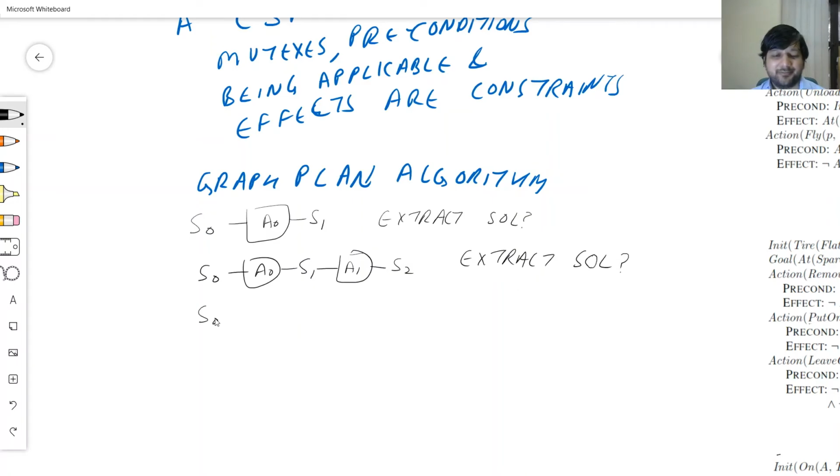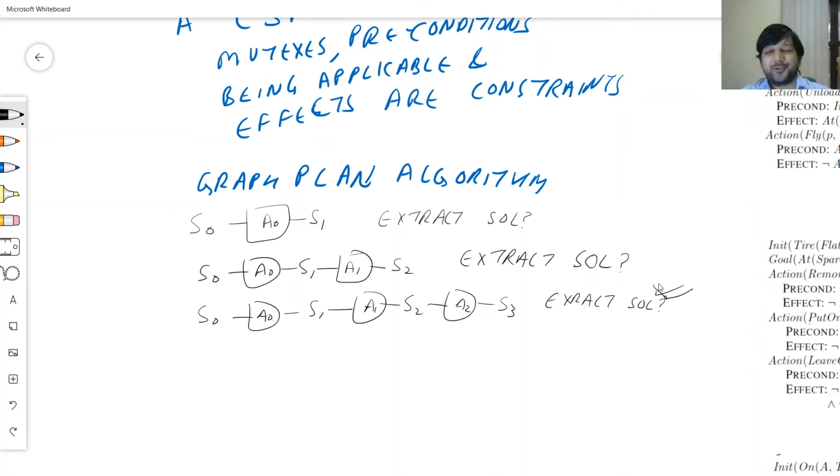Fails, no problem. Go one more level. You can just add it to that level. You don't need to start over. And remember, this is state level 0, action level 0. It's not a particular action applied on a particular state. Extract solution. Succeeds, and extract solution will give you the output.